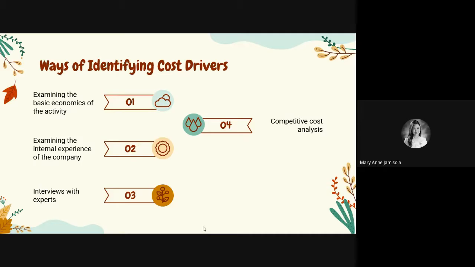The third way to identify cost drivers is through interviews with experts. Cost drivers can also be determined from interviews with experts. Workers or managers who have extensive knowledge of a value activity can be asked what-if questions about the effects of changing various parameters on the cost.